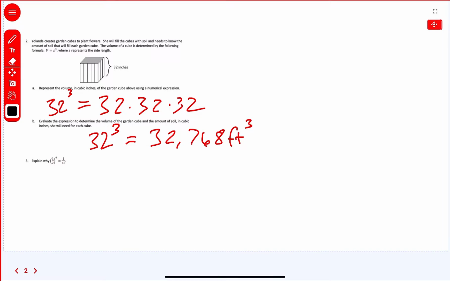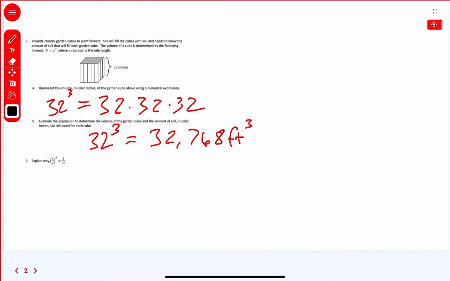Okay. Number 3 says, explain why 1/2 to the 4th is equal to 1/16. So whenever it says explain, what are you going to do? Like you're going to say, it is because.